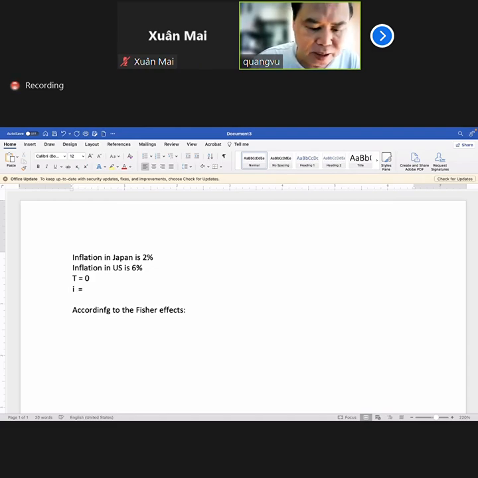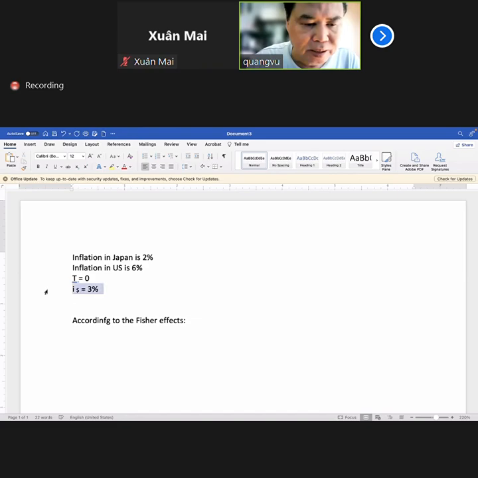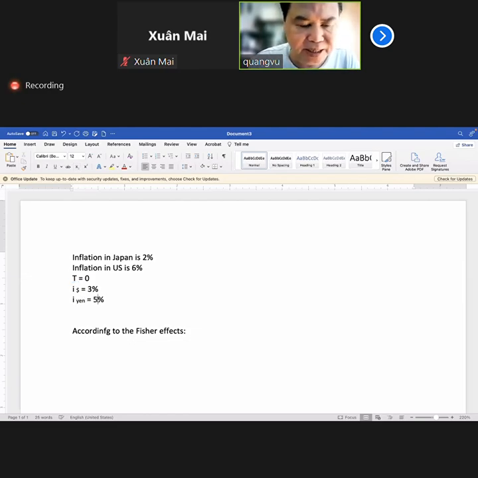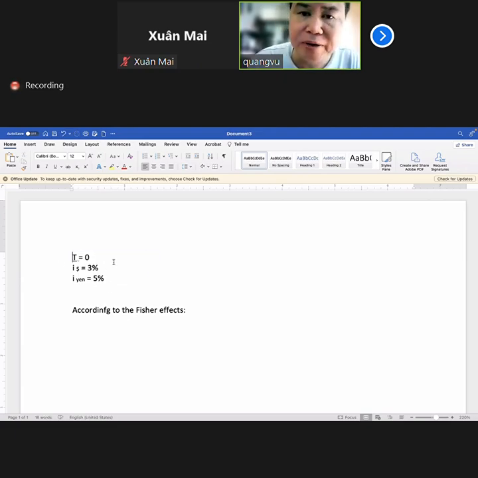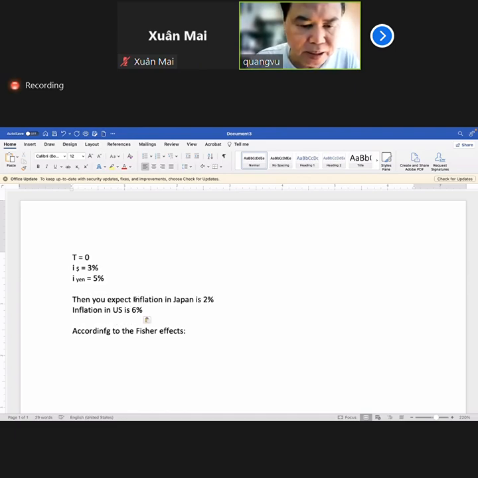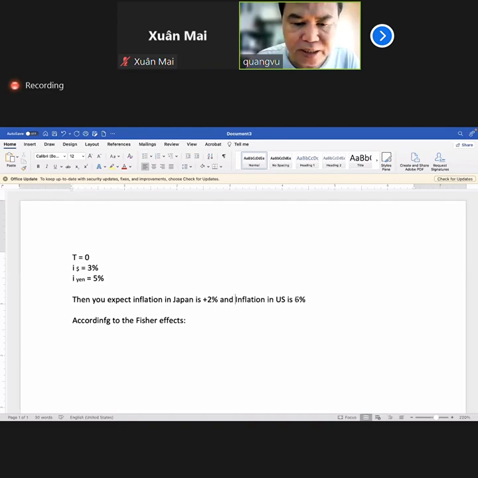Okay, how about this? i dollar in the United States, let's say 3%, and then the nominal rate in Japan, in yen, actually 5%, at market equilibrium. Then you expect inflation in Japan to go up by 2%, and inflation in the United States to increase by 6%.